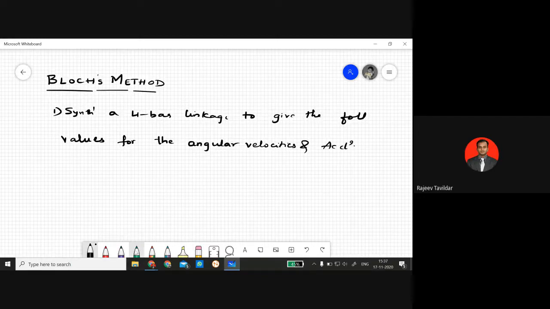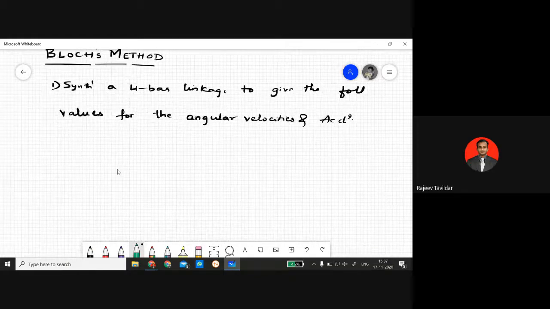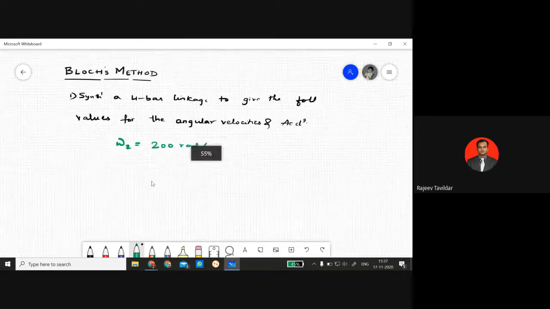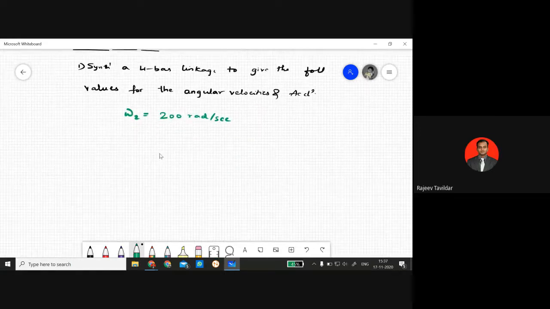So they have given a few values. Omega 2 is given as 200 radians per second. Omega 3 is 85 radians per second. And omega 4 is 130 radians per second.